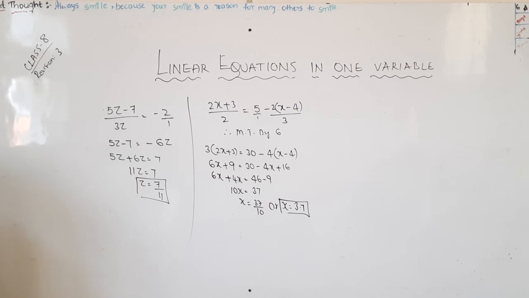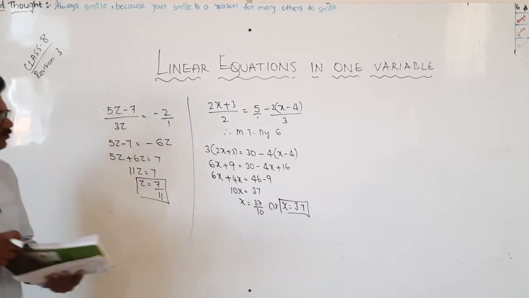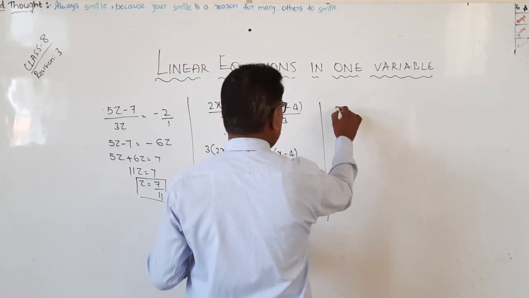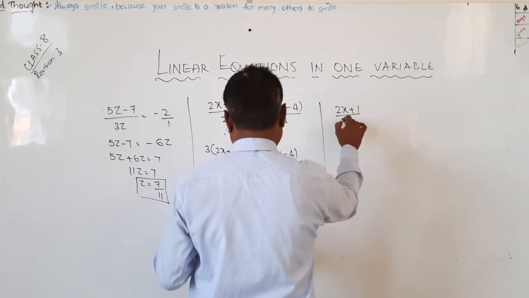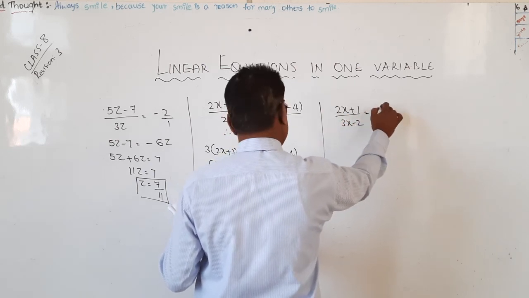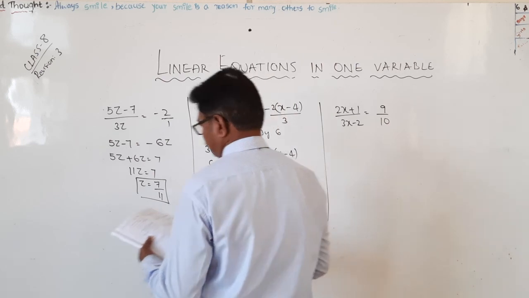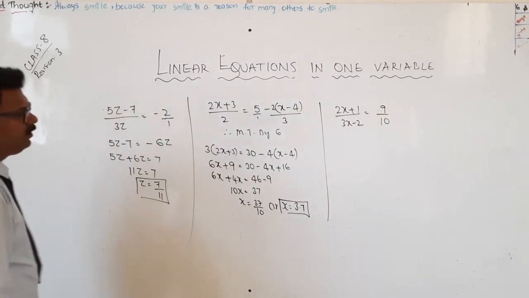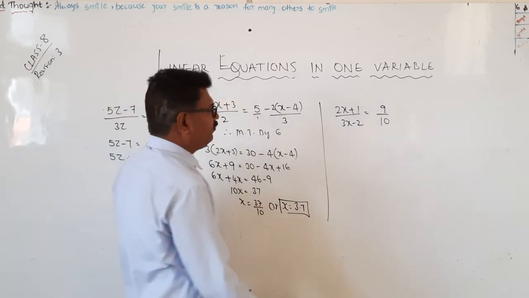So one more question. 2x plus 1 divided by 3x minus 2 equal to 9 by 10. Again, same problem.